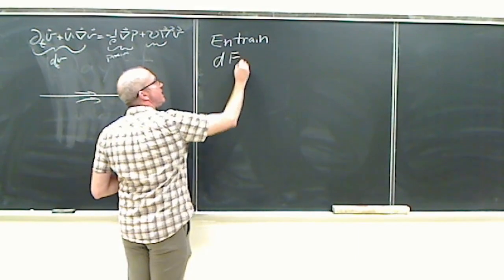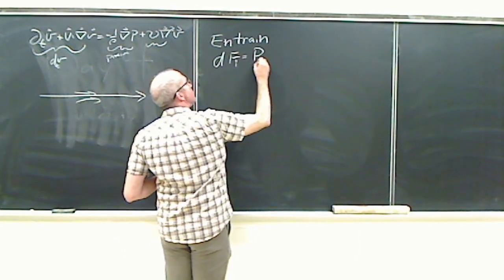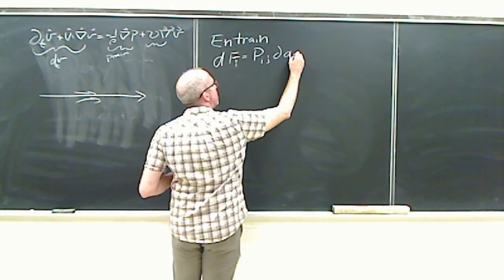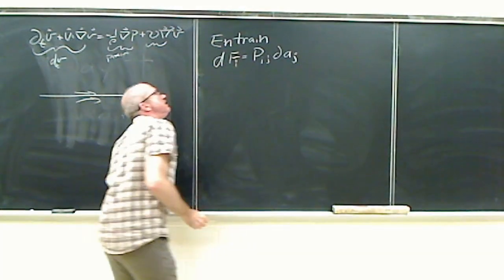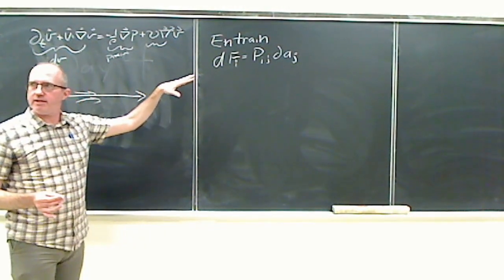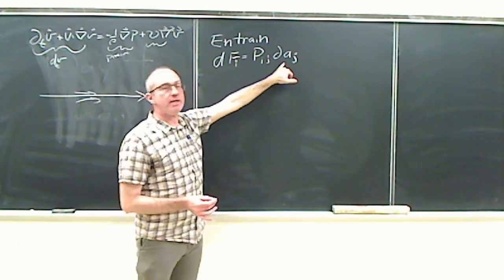So we had started by saying that a tiny little element of force is going to be the pressure tensor, this is the i direction, P_ij times dA_j. So this is similar to the pressure that you've dealt with a bunch of times. This is just force is pressure times area.